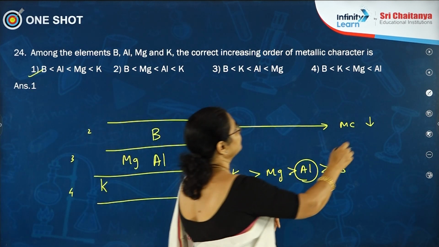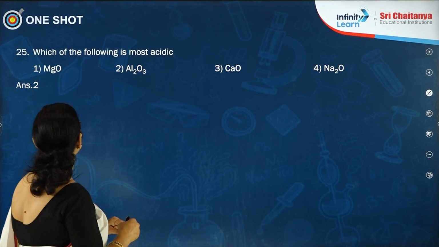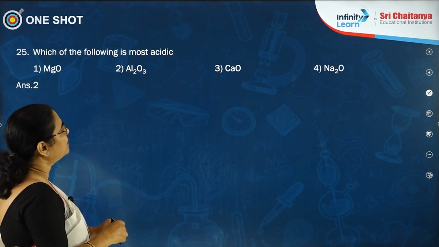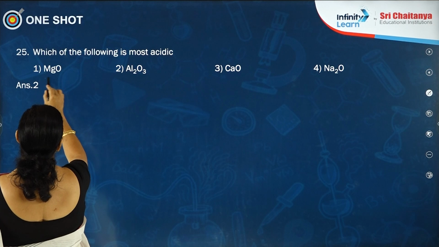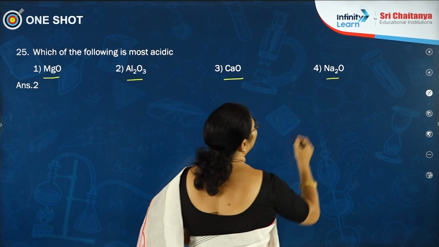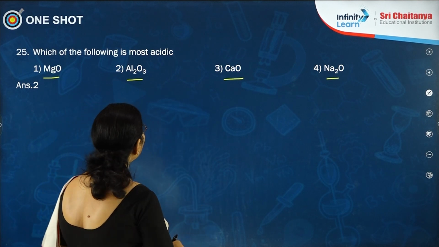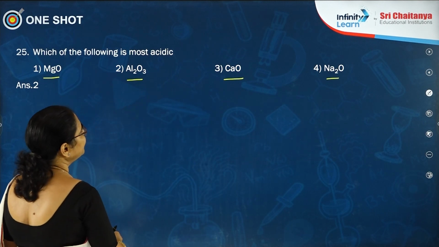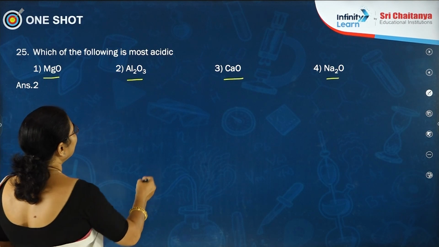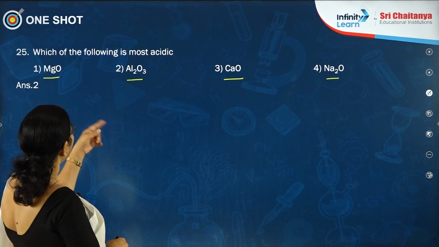Next, another one, which of the following is most acidic? Here you see magnesium, sodium, aluminum, calcium, all are metals only, and metal oxides are basic, while metalloid oxides are amphoteric in nature.